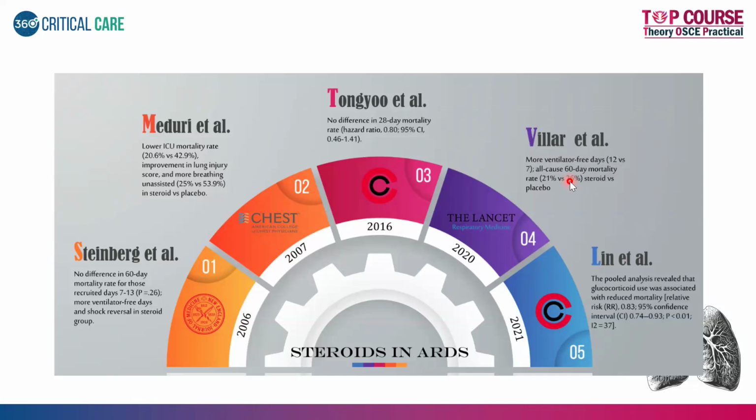Along with this, the recent article, which was published by Lin et al. in 2021, gave us a further understanding, especially with some amount of patients pulled in from the COVID pandemic, that patients who received glucocorticoid had a lesser mortality as compared to patients who received a placebo or did not receive anything at all. Okay, so by and large, yes, steroid use in ARDS has been shown to give better outcomes.